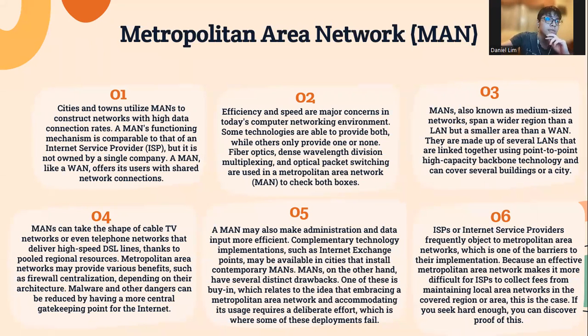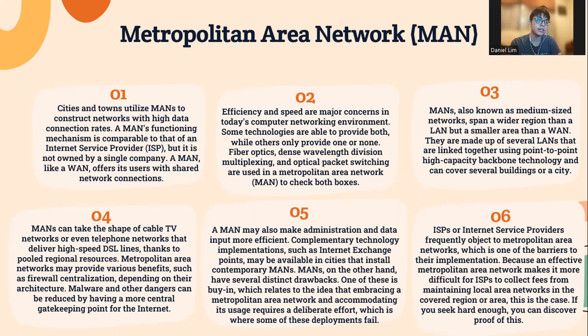Fourth point, which shows that MAN has a cable with a DSL line that can increase the network speed a lot, and that cable has two kinds of cable connections, which are TV network or telephone network cable, all thanks to pooled regional resources so that MAN can get a lot of benefits such as firewall centralization, but it depends on their architecture.